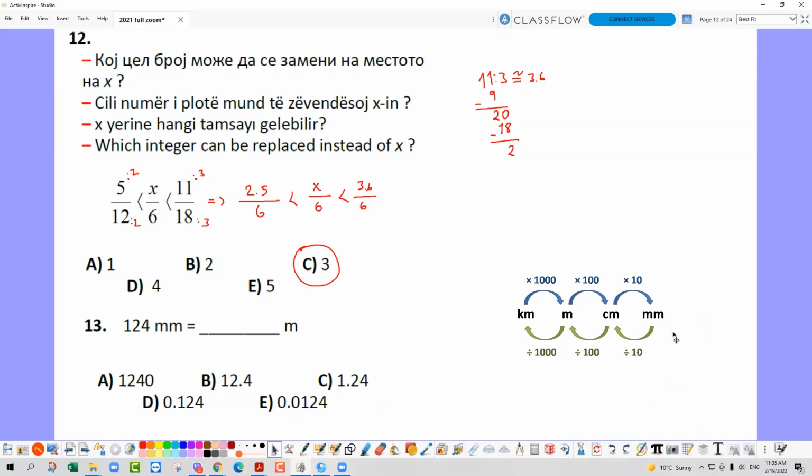When converting from millimeter to meter, first you divide by 10 to convert to centimeter, then you divide by 100 to get meter, which means from millimeter to meter you are going to divide by 1000. So the answer of this question is 124 divided by 1000, which is equal to 0.124, which is D.